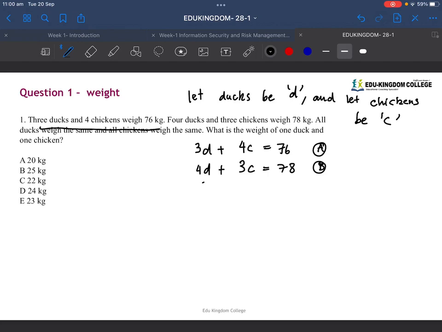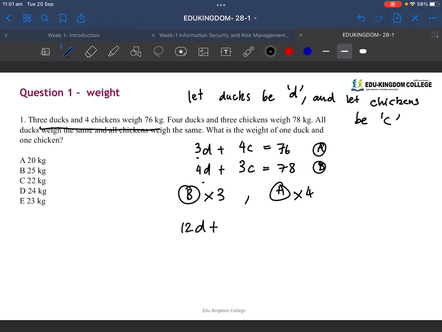So let's do it this way. In order for option B to turn into 12D, what do we need to times? Times 3. So we're going to say option B times 3. And how about option A, guys? Have a look at option A. 3D. What do we need to times 3D by to make it 12D? We need to times 4. Okay? So if we do that to both, let's start with A. 3D times 4 is 12D.